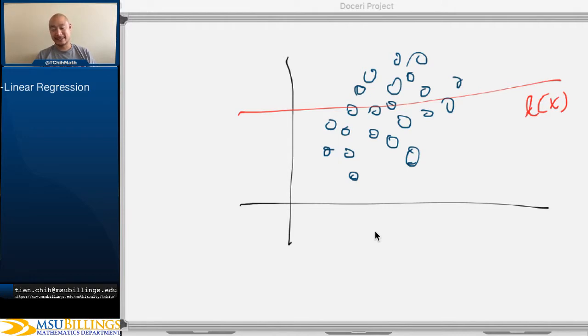And so L of x is the linear function that represents that line. And let's take a look at this cloud of points. Now, when you have a big old cloud like this, no single line is going to be a perfect predictor, right? You're not going to draw a single straight line that goes through every single one of these points. You have to do your best.